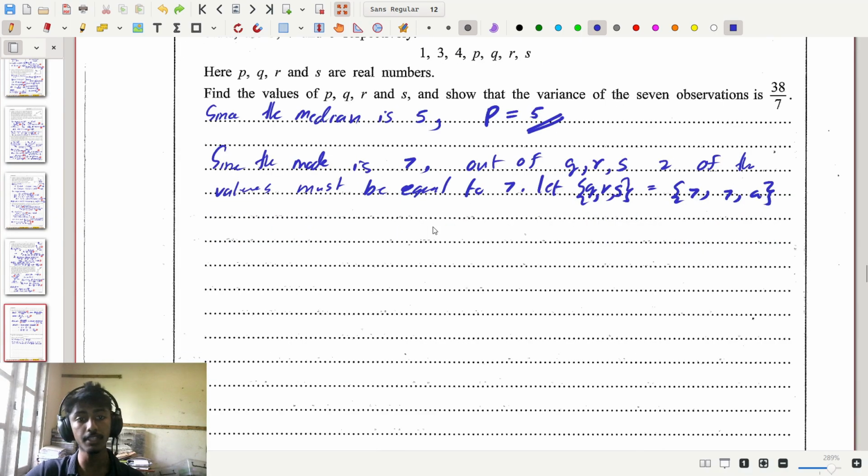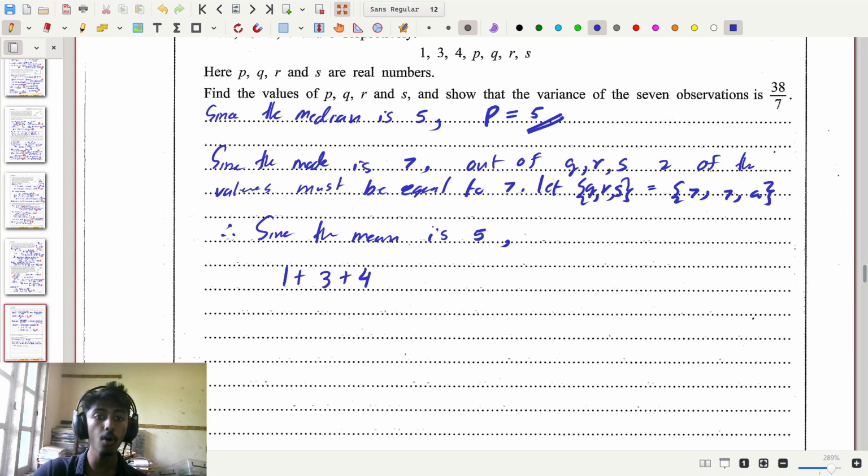So due to that, we can say, therefore, since the mean is equal to 5, the sum of all of our values, which are 1, 3, 4, P, which is 5, and out of the other 3, 2 of them are 7 and 1 of them is A. So if you add all of them together, 1 plus 3 plus 4 plus P, which is 5, plus the 2 values of 7 and 7, plus the last mystery value which we don't know, which is A, all divided by the number of values, which is 7, must be equal to 5.